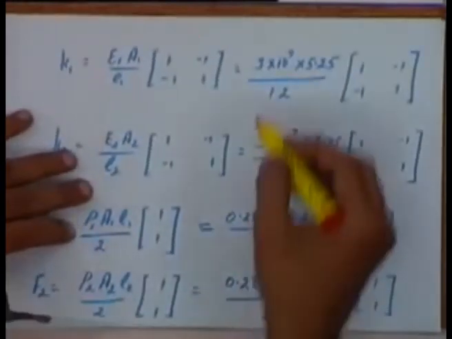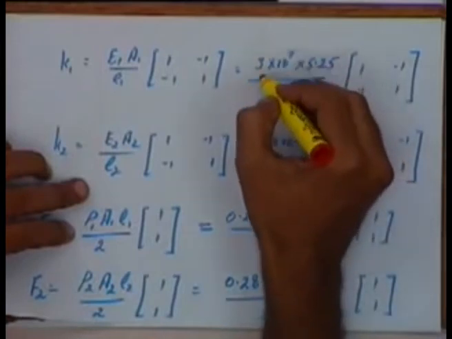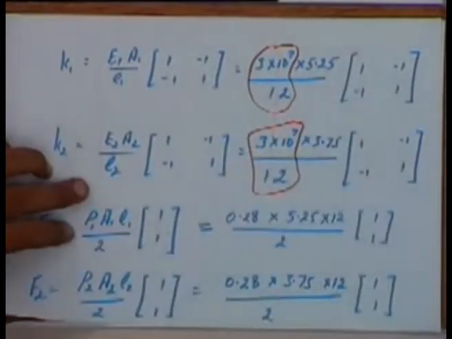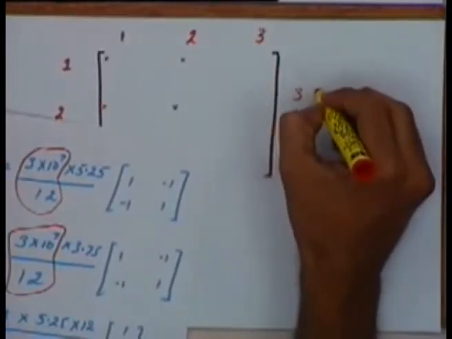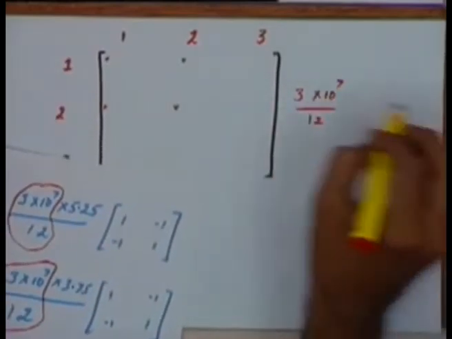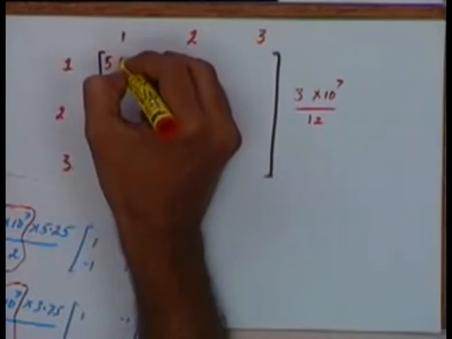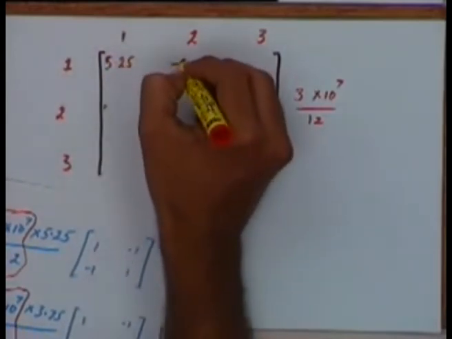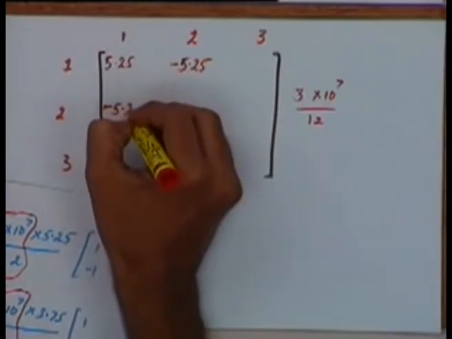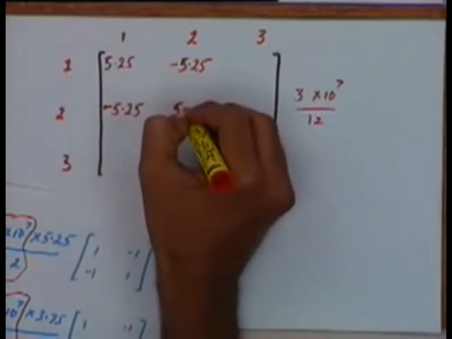Now if I see both these terms, this part is common, so I'll just leave this outside, 3 into 10 to the power 7 by 12. So I'll get a term of 5.25, minus 5.25, minus 5.25 and 5.25.